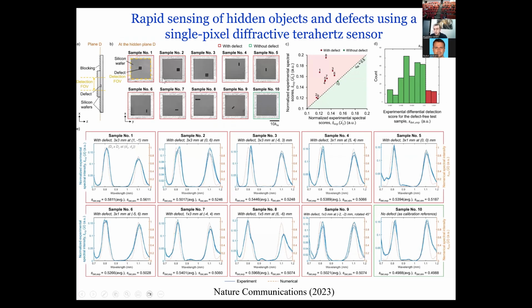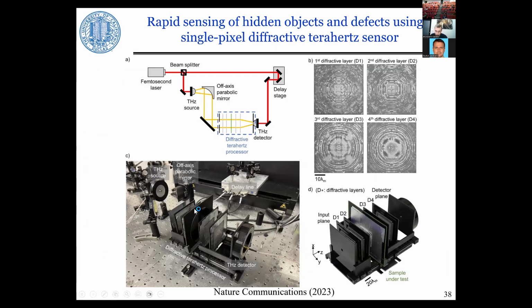Therefore, we were motivated by the fact that terahertz systems can see through ordinarily opaque objects and help us sense hidden defects. For these kinds of problems where objects are opaque and what you want to sense is hidden, there's nothing like terahertz. And that's why these are relatively bigger, because the wavelengths are bigger. We're using terahertz systems here just because visible or infrared would not be able to see hidden objects.